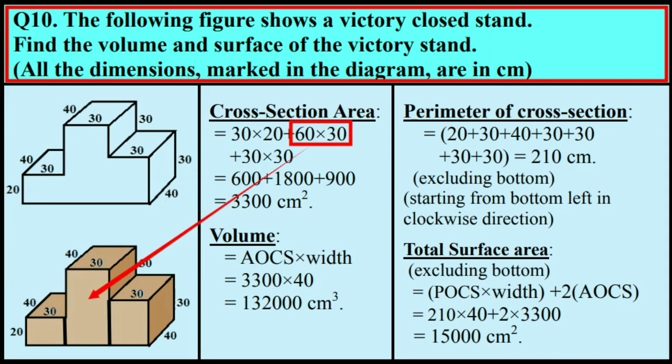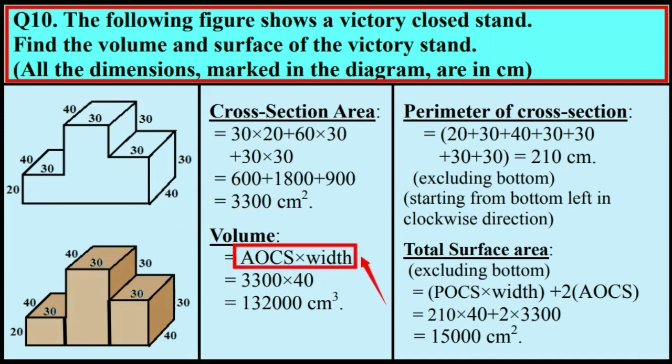The area of the second rectangle is 60 multiplied by 30, and the area of the third rectangle is 30 multiplied by 30. In fact, the third one is a square. After calculation, the area of cross section obtained is 3300 centimeters square.